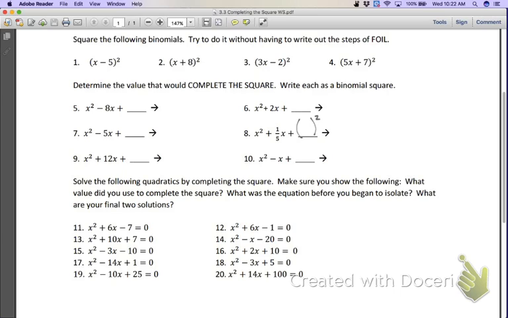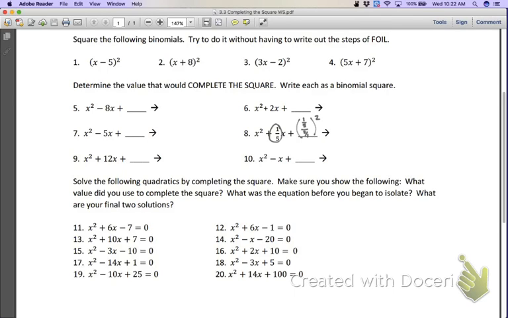What's my middle term? 1/5, right? So it's really like 1/5 divided by 2 over 1. Because I have a fraction, this is why I don't want to do completing the square with these.